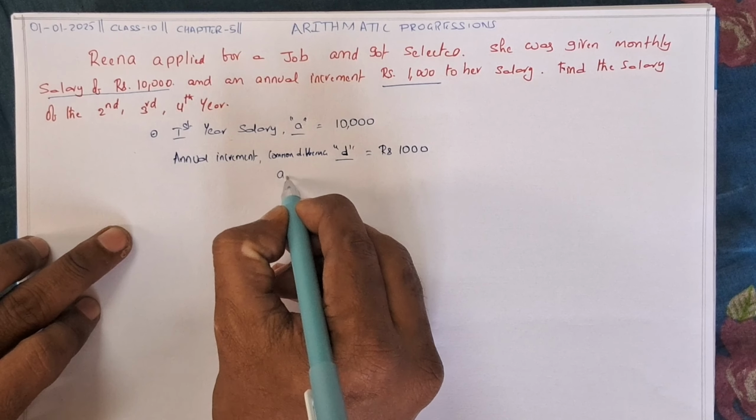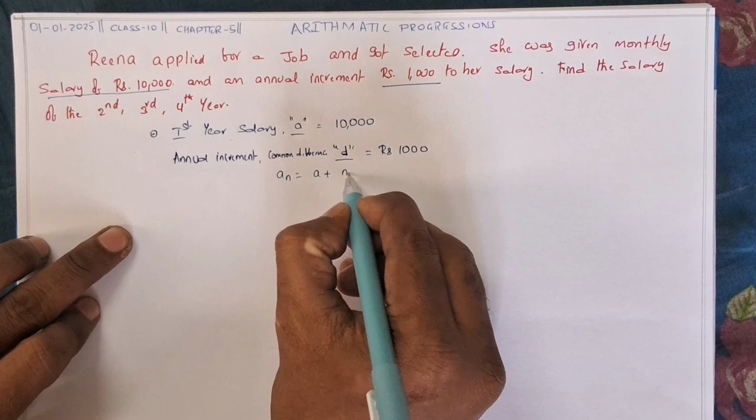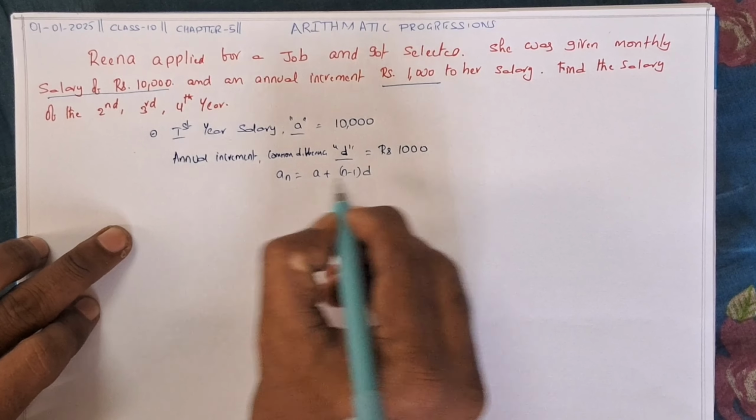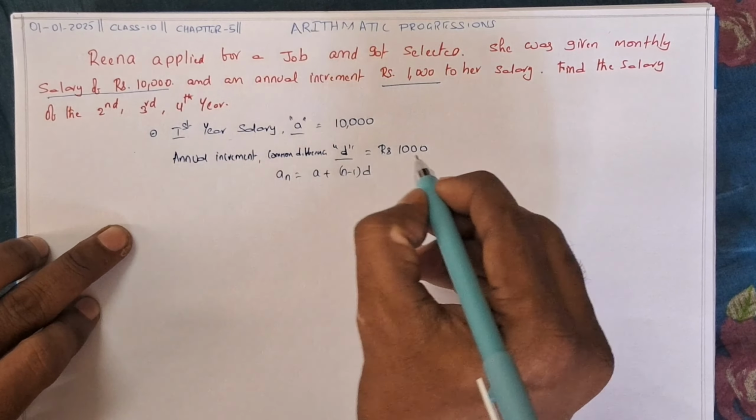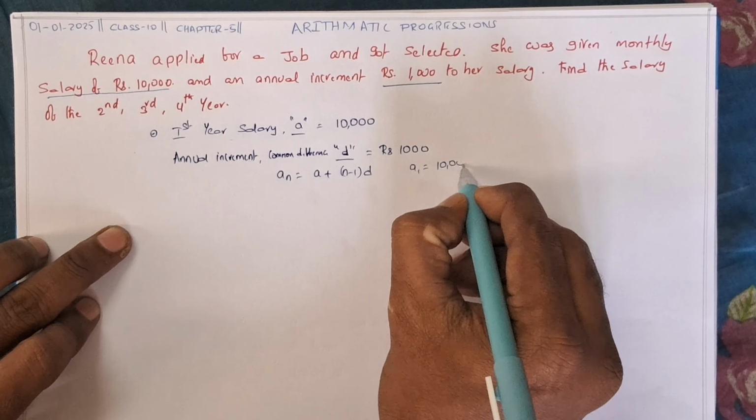Remember, an is equal to a plus (n minus 1) into d. Now a1, the first year salary, is 10,000.